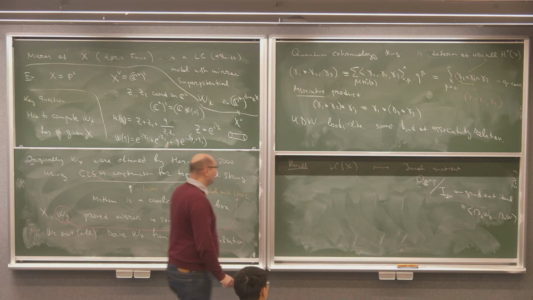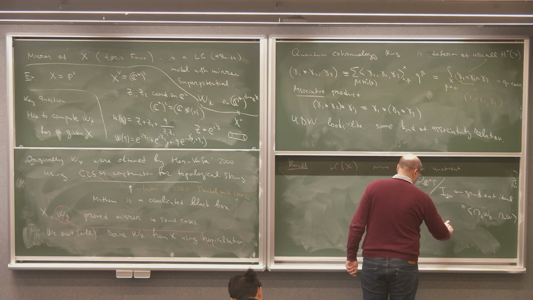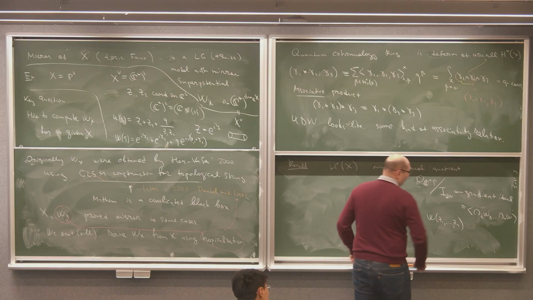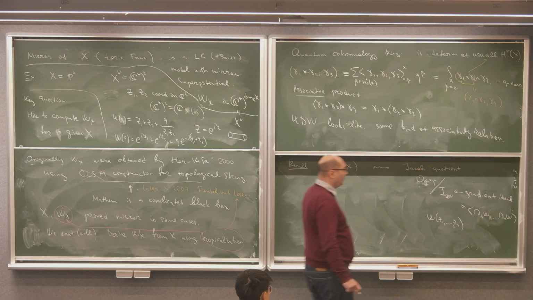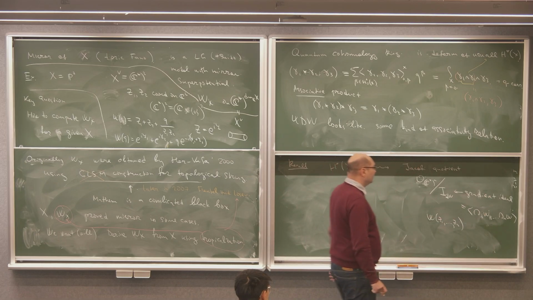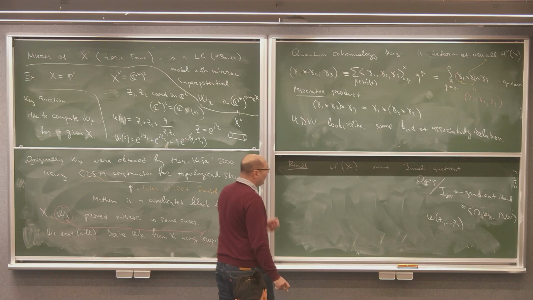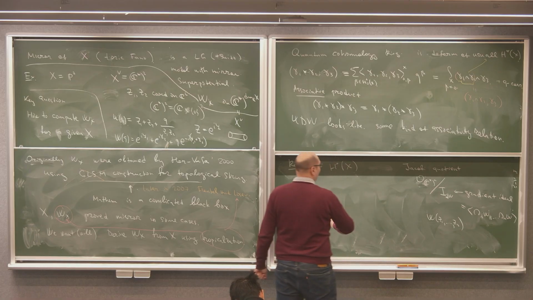So we have W as a function of V1 through Vn, and we compute partial derivatives and construct an ideal generated by these n functions, d1 W through dn W. And then we have the following statement.